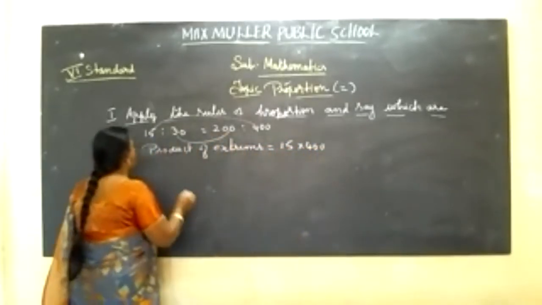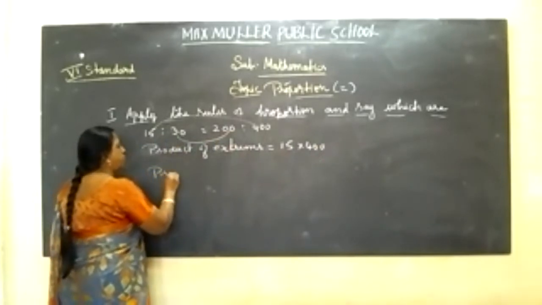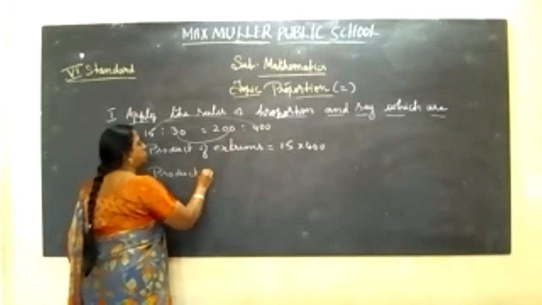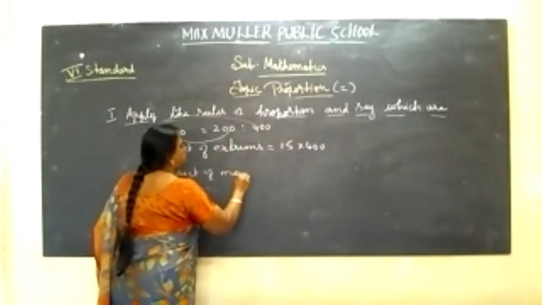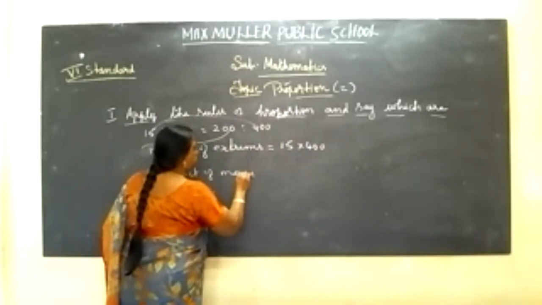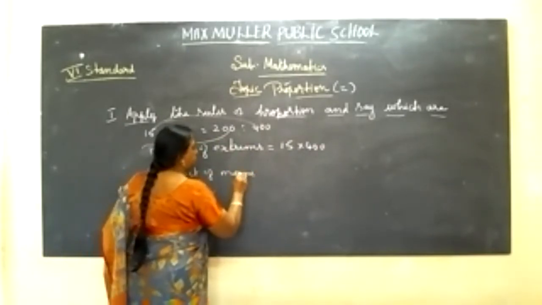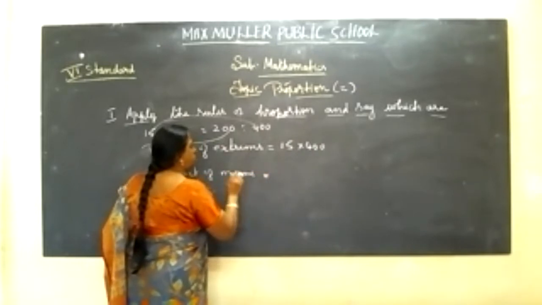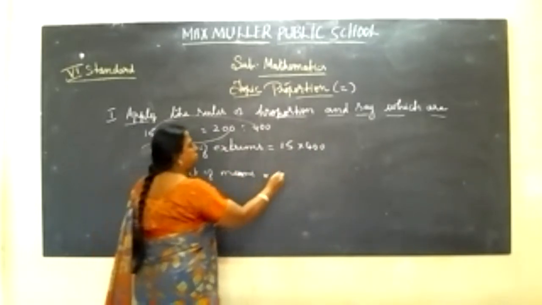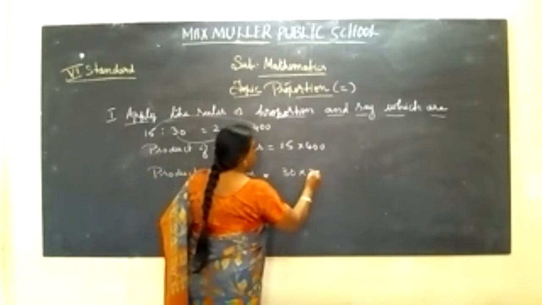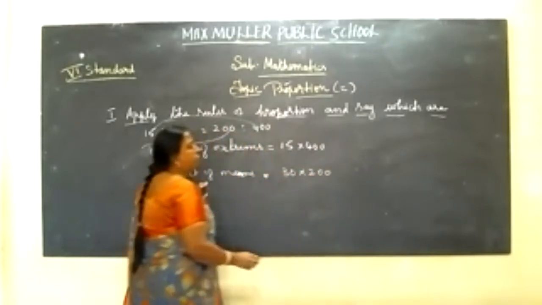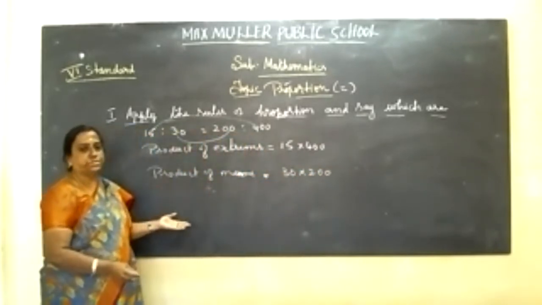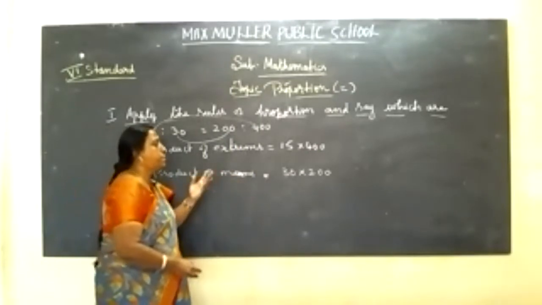Then the product of means equals 30 into 200. Now you check: if both are equal, they are in proportion. If not, they are not in proportion.